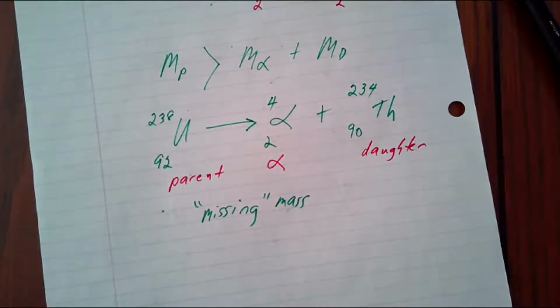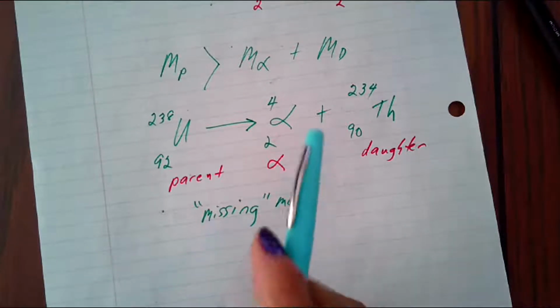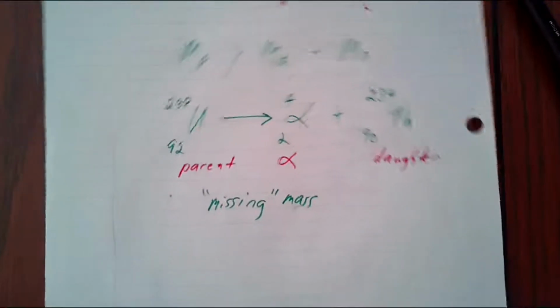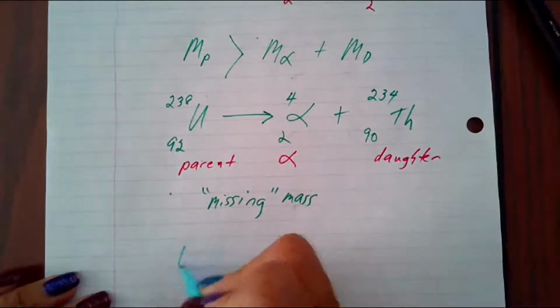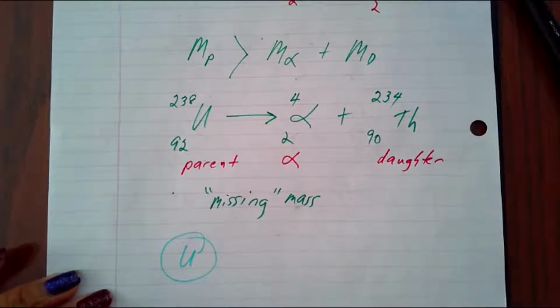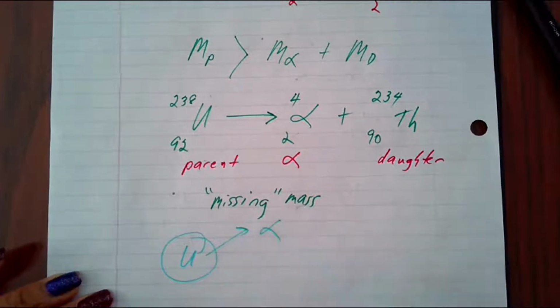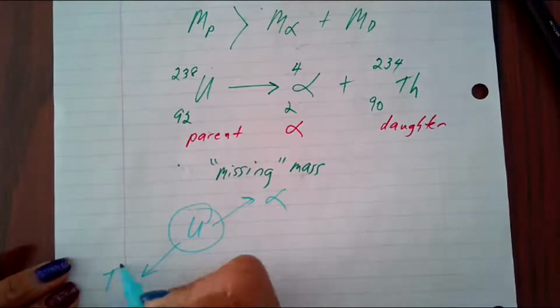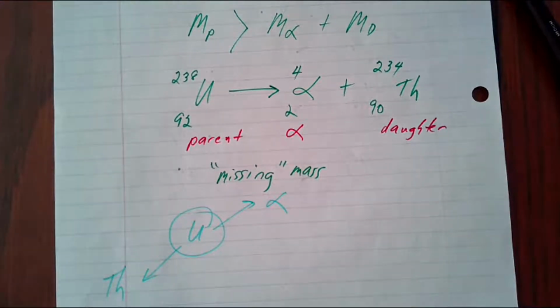The missing mass is actually the kinetic energy of the alpha particle and the daughter nucleus moving away from each other. So you could imagine that this is the uranium nucleus. It emits an alpha particle, and you have the daughter particle thorium, and as it splits up, they move away from each other. So there's the conservation of momentum involved here as well.